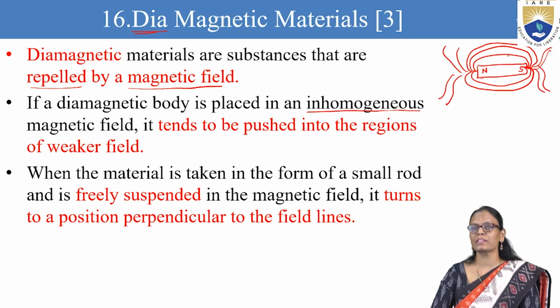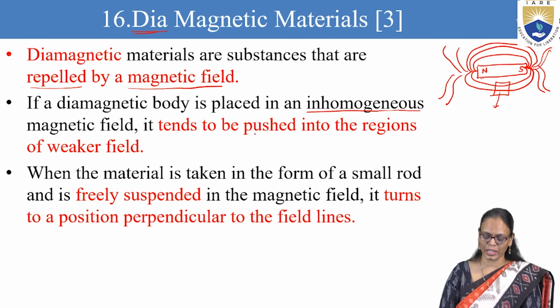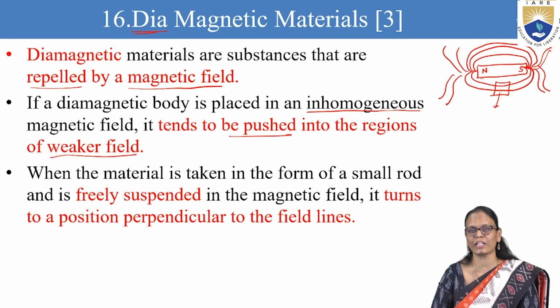In this field, when we are placing a diamagnetic substance, it will always move away from the stronger field towards the weaker field. That is the meaning. It is always pushed into the regions of weaker field. Wherever the field is weak, that means it is getting repelled by the magnetic field.